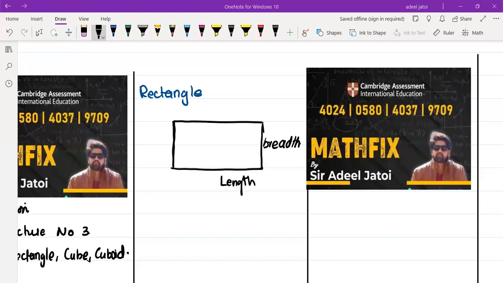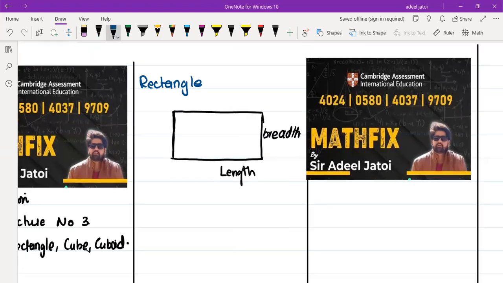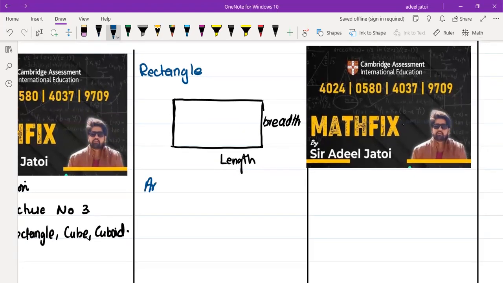So in rectangle, it's length and the breadth. What we need to understand is the area formula. The area formula will be L into B, length into the breadth.